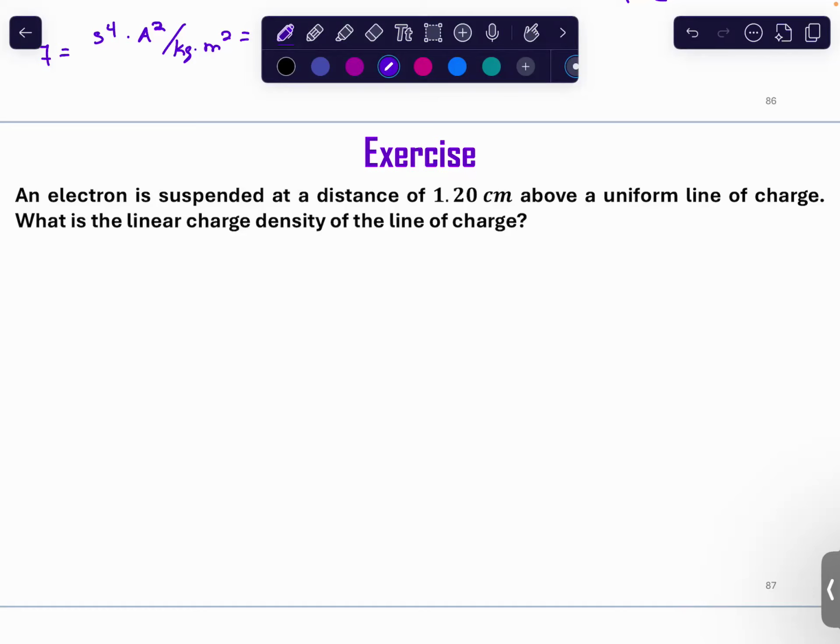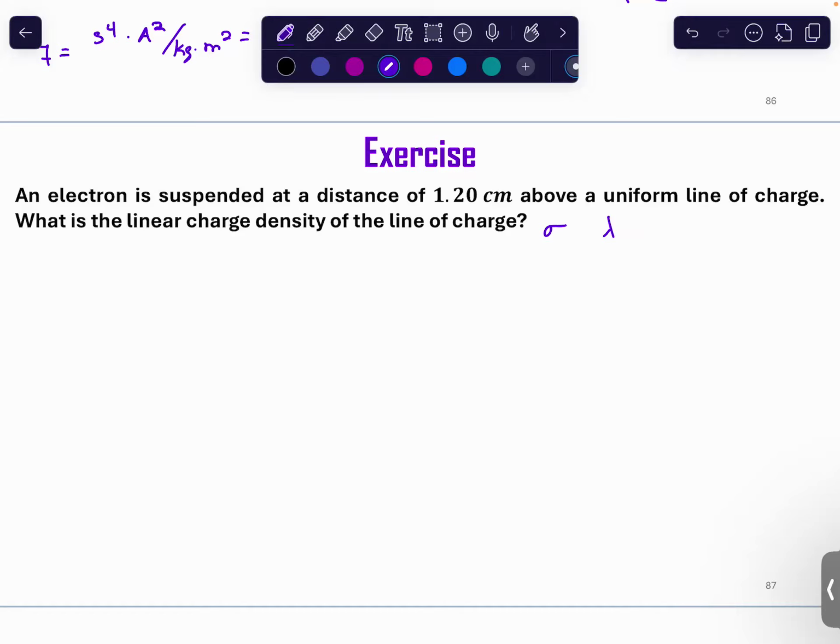We've already used surface charge density. What letter did we use to represent it? Surface charge density. So what do you think linear charge density is going to be? Lambda. Linear charge density.